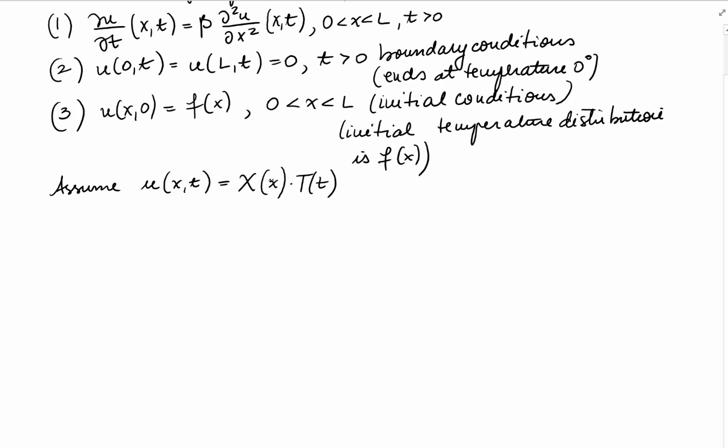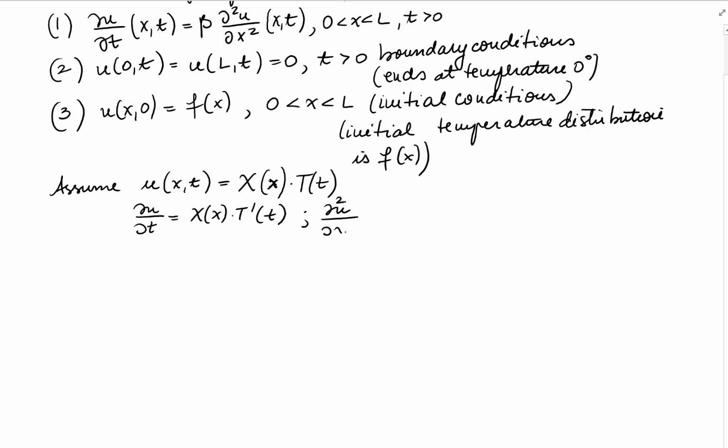So we have a function of x only times a function of t only. So du/dt is going to be X(x) times T'(t), because if we are differentiating with respect to t, then X(x) is going to be considered a constant.